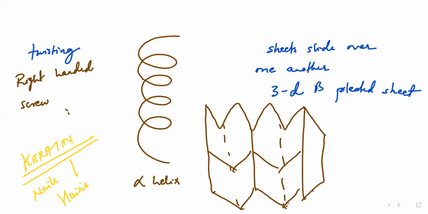Beta pleated sheets will be formed. Okay, and one example which I can give you over here is silk. Silk is the best example of the beta pleated sheet structure. Okay, so this is what happens whenever a protein undergoes secondary structural changes.